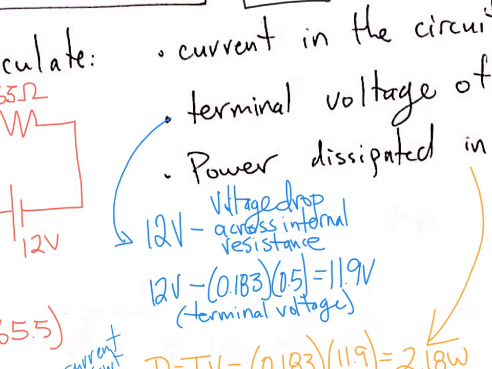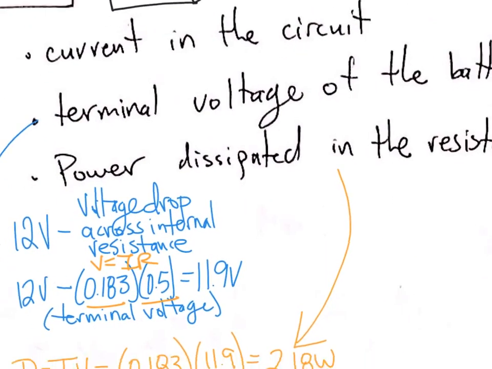By voltage drop, we mean voltage used up. So we're just using V equals IR right here for the current, and then the resistance of the internal resistance of the battery. So 12 minus, this is voltage drop across the internal resistance, gives us 11.9. So notice how that's very similar to 12. Okay, terminal voltage.